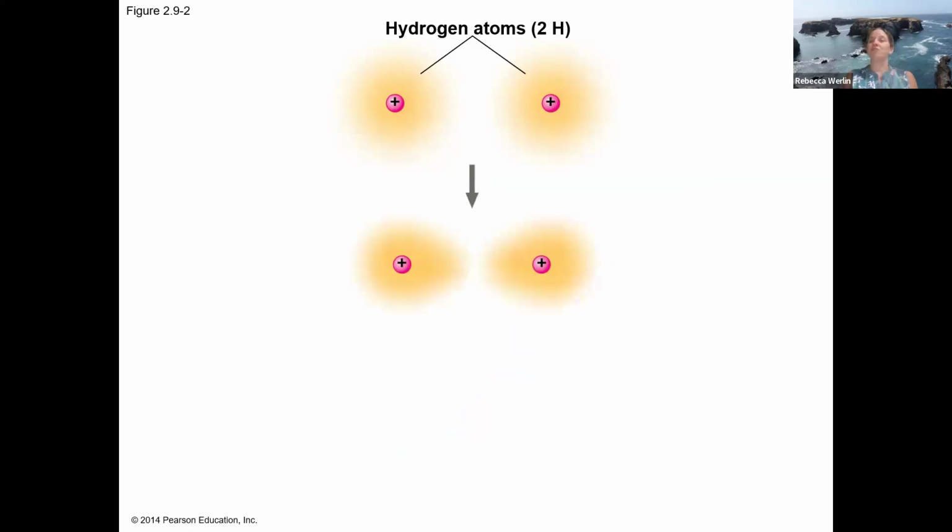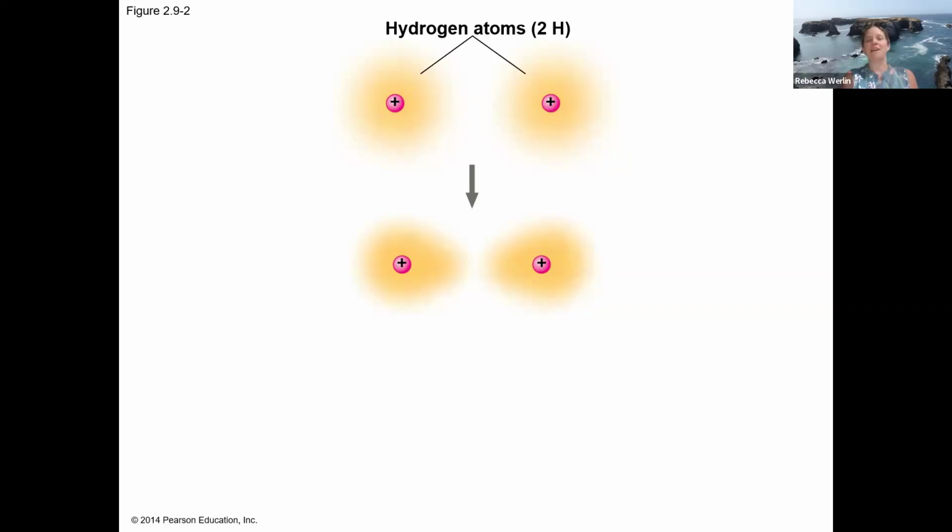And so when you have these two positively charged protons near each other, surrounded by their electrons, the electrons are attracted to the positive charge. Now, in basic chemistry, opposites attract. So that means the negatively charged electrons will be attracted to the positively charged protons.